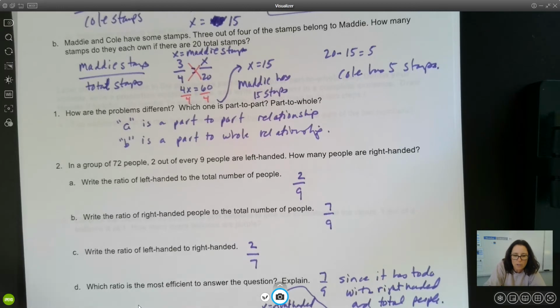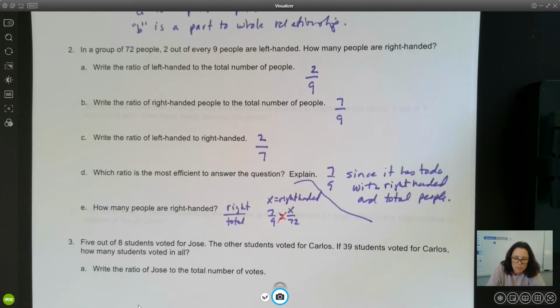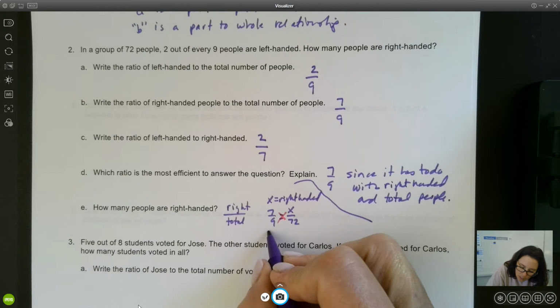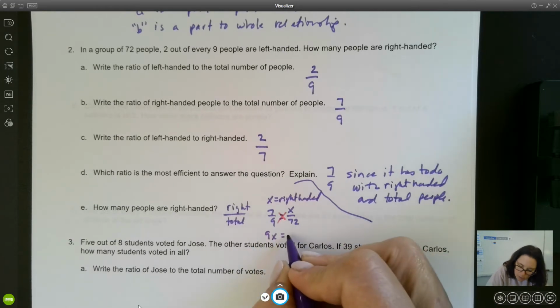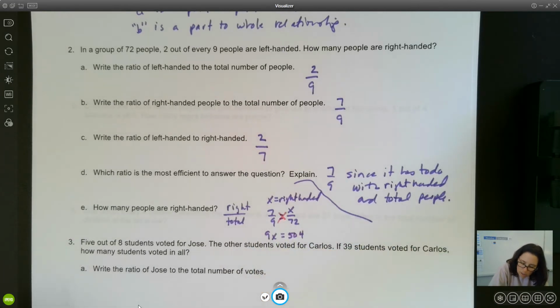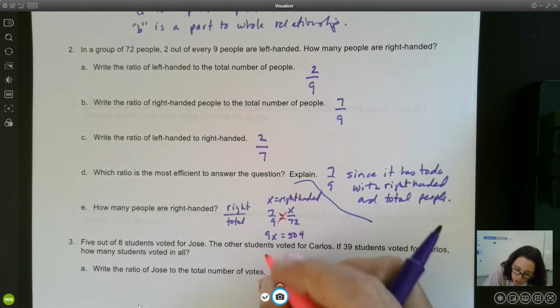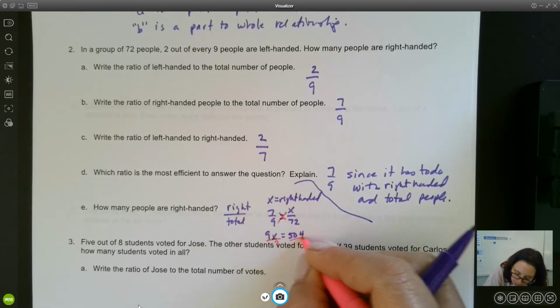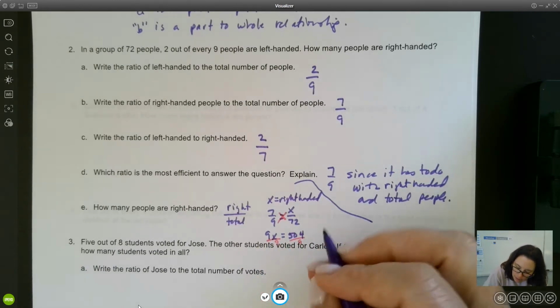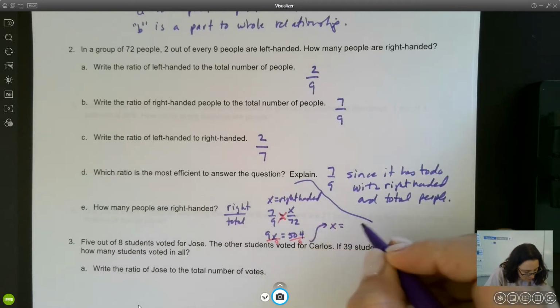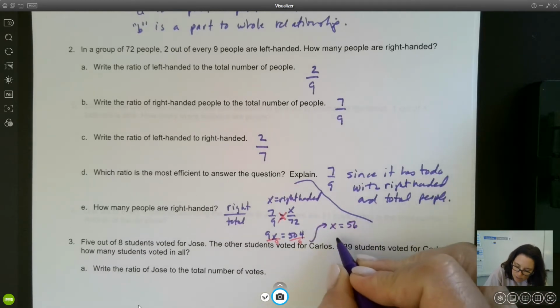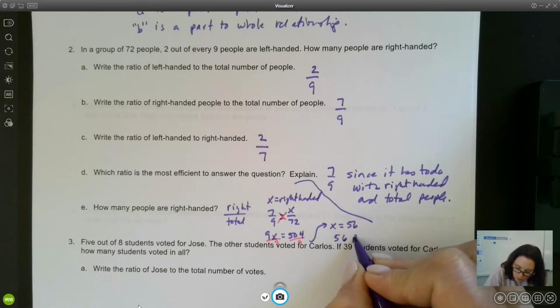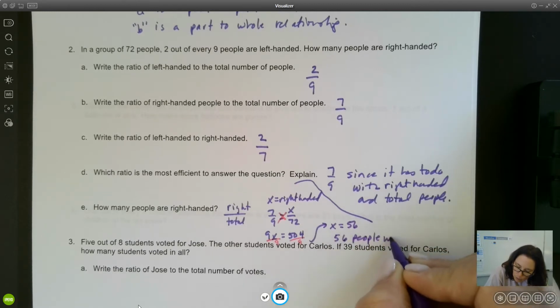It's okay to use a calculator for numbers like this. So we've got 9x equal, and that comes out to be 504. Divide by 9, and then we would get x is 56. So there are 56 people who are right-handed.